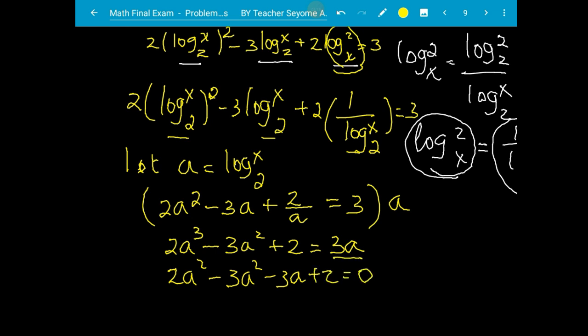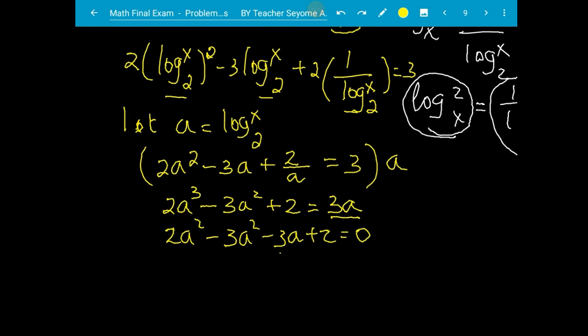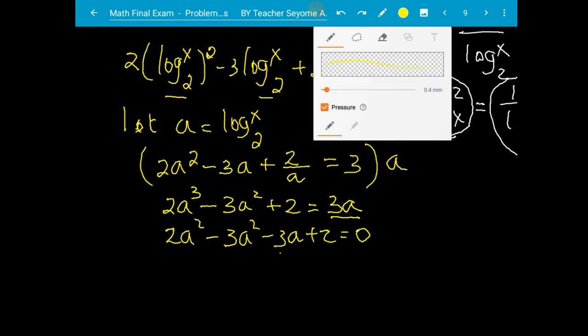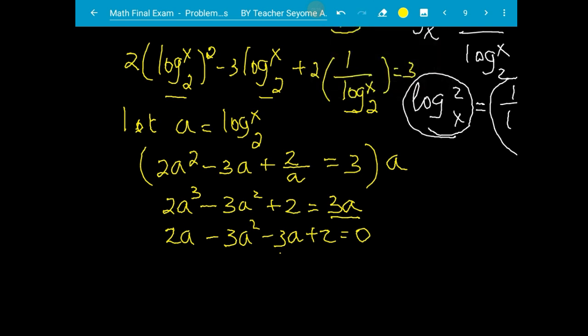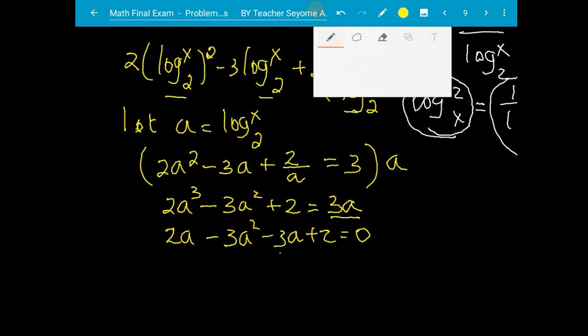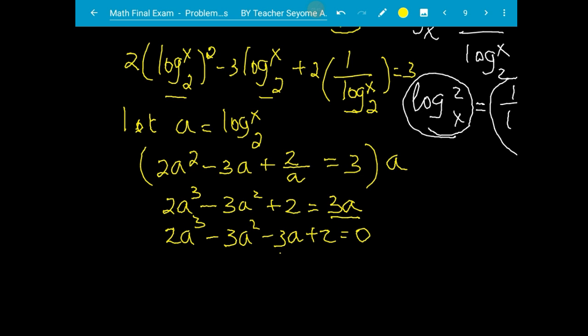There is no common factor, so it cannot be factorized easily. You can use the rational root test. I missed this one, it is a cube, 2 times a cube.